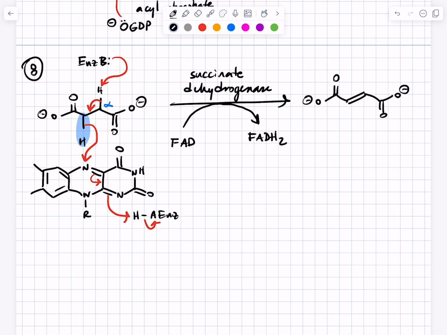We go from an alkane to an alkene, and this 4-carbon alpha-beta unsaturated diacid is called fumarate, which always sticks in my mind because I learned on my mission the Spanish word for the infinitive of to smoke, which is fumar.